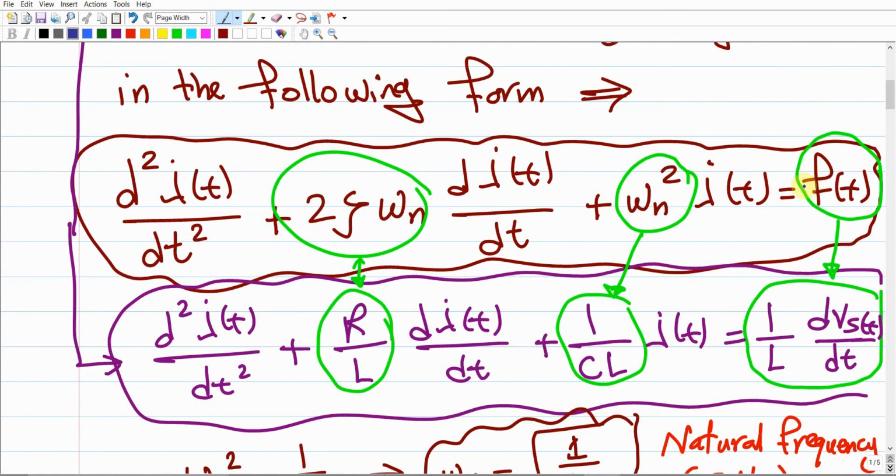So now, since we converted this ODE into an equivalent form, which is a very general form that depends on xi and omega n, the objective right now is just to solve this general equation.